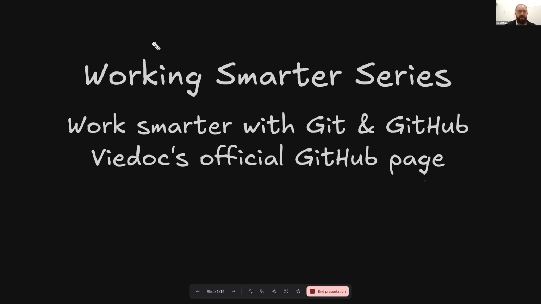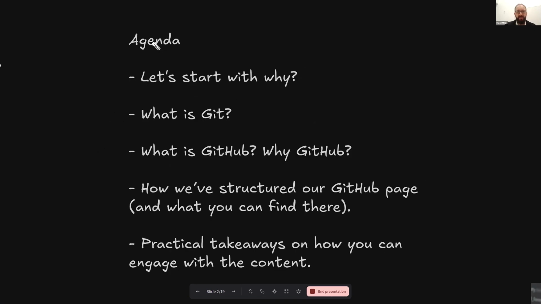Before we dive right in, we will start by looking quickly at our agenda. The idea is we'll start with why. Why are we doing this, and why is this resource helpful? Then I'll dive right into Git and GitHub. They are different, and it's important for you to at least understand the difference, what they are good for and how they're used.